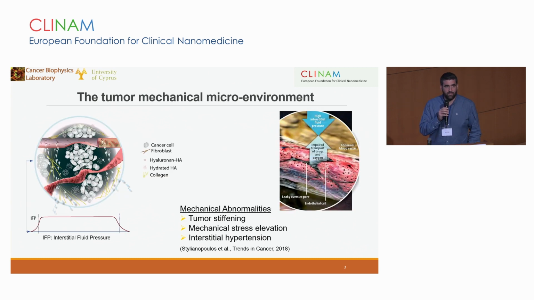First of all, a brief summary about the mechanical abnormalities in the tumor microenvironment that affect drug delivery and thus compromise therapeutic outcomes. A crucial characteristic of the tumor microenvironment is extreme desmoplasia, as high levels of cancer-associated fibroblasts are observed in the extracellular matrix, which creates a lot of collagen and hyaluronic acid.